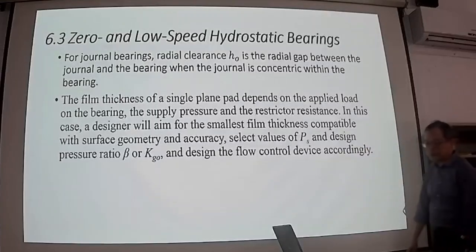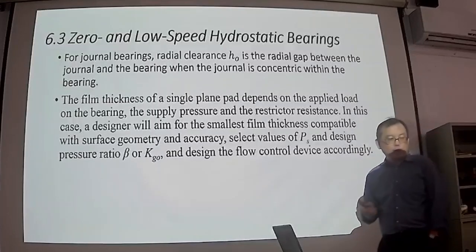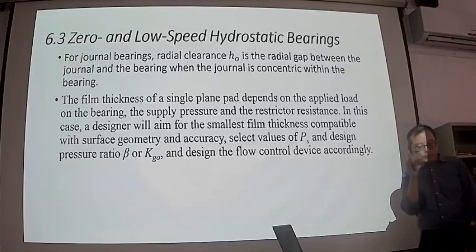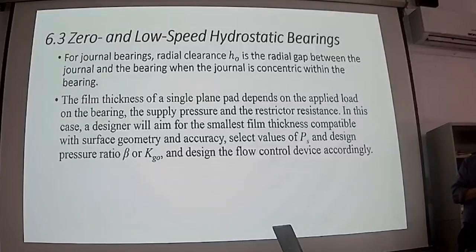So this is because in the beginning when we design a bearing, we need to assume one film thickness, and then you can calculate the performance for these bearings, such as the load capacity, stiffness, or your volume flow rate. Okay. So you need to have a baseline by defining your design film thickness.